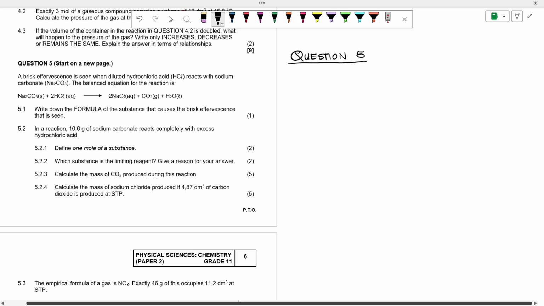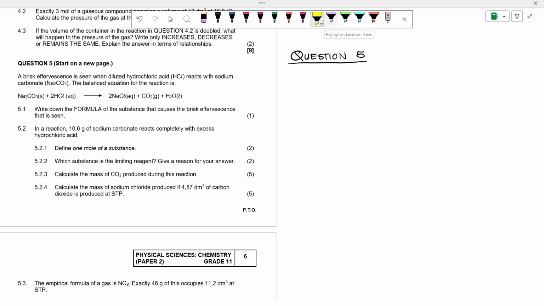Okay, thank you. All right, if we can just check the information that we can extract from the statement. Let's see, a brisk effervescence. Okay, I've heard of that word, but I'm not sure what it is. I think it's a color though, maybe.